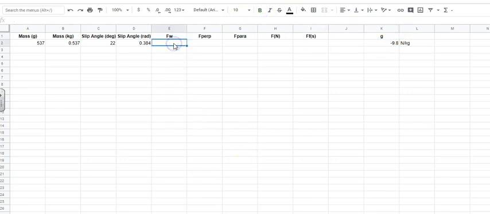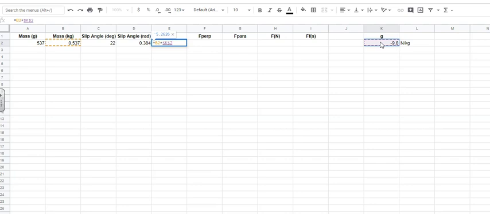Okay, so over here, now we're going to put the formula. The weight force equals the mass in kilograms. So you select that cell times, and then come over here, select this cell, but before you press enter, you need to go to the top row of the keyboard and press F4.